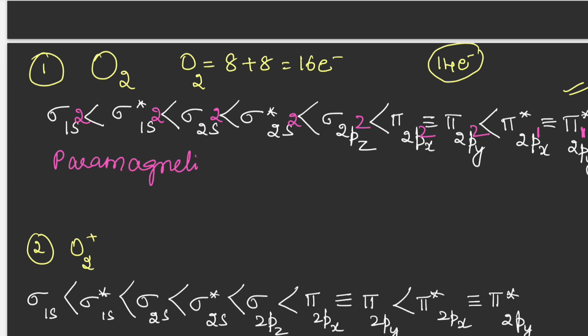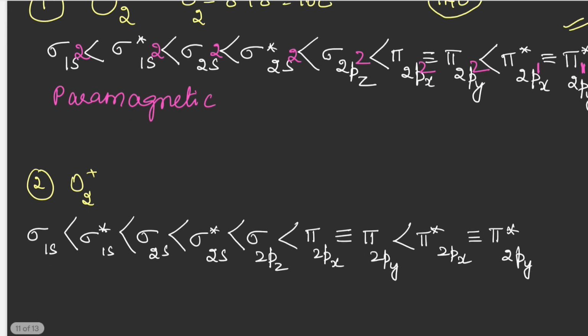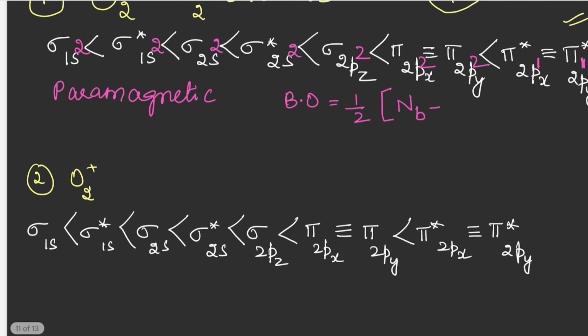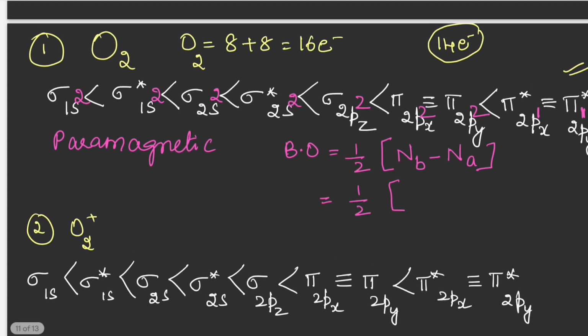Paramagnetic in nature. So now let us calculate the bond order. Bond order can be calculated using the formula 1 by 2 into the number of electrons in the bonding orbital minus the number of electrons in the anti-bonding molecular orbital. So this is equal to half into how many electrons are present in the bonding molecular orbital. You can just count 2, then 4, 6, 8 and then 10.